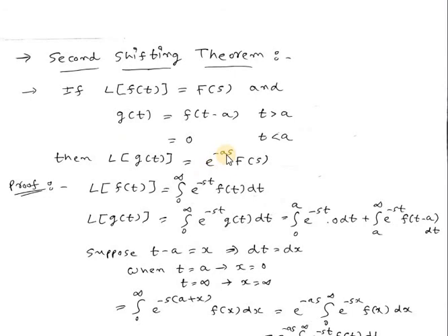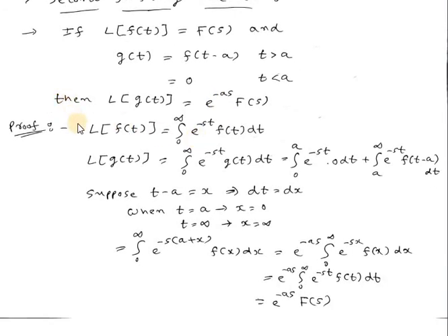Now we will prove second shifting theorem. Laplace of f of t is given by integration 0 to infinite e raised to minus st f of t dt. Therefore Laplace of g of t will be integration 0 to infinite e raised to minus st g of t dt.